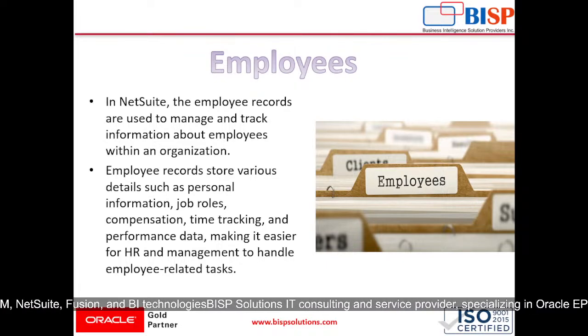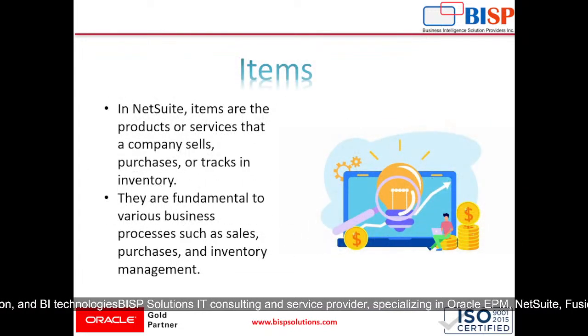Then coming to our next topic, which is based on items. In NetSuite, items are the products or services that a company sells, purchases, or tracks in inventory. They are fundamental to various business processes such as sales, purchases, and inventory management.